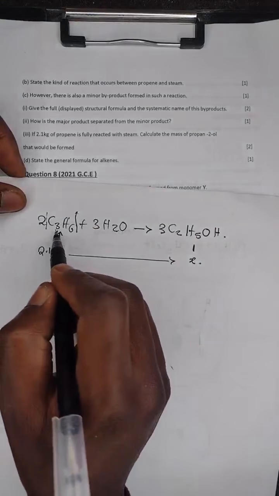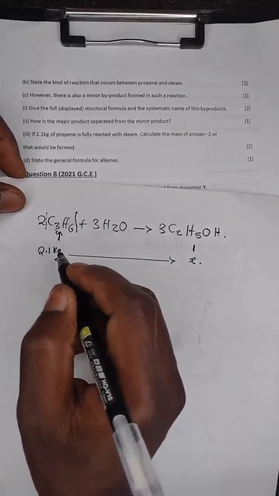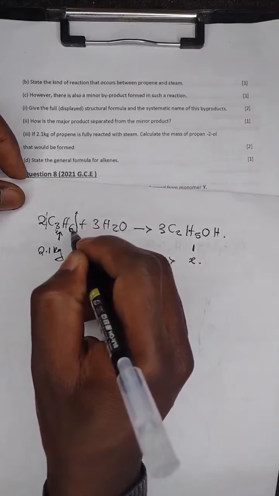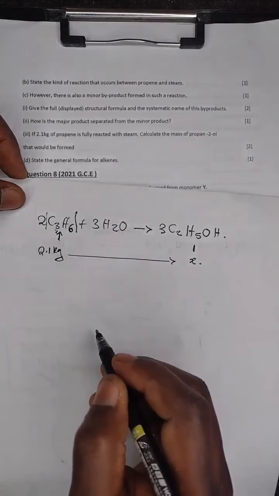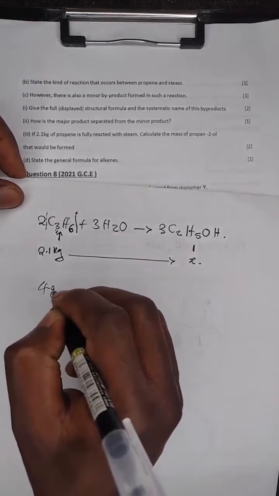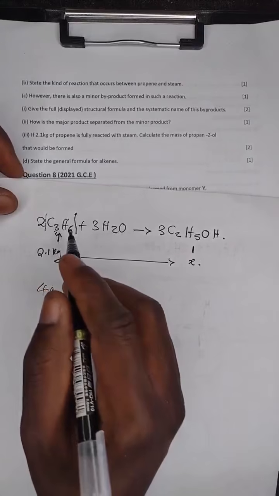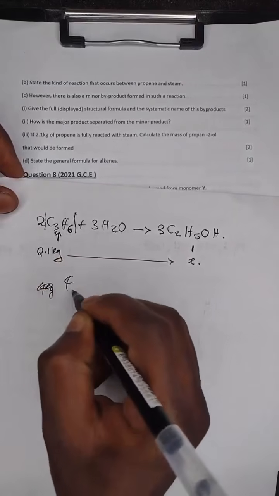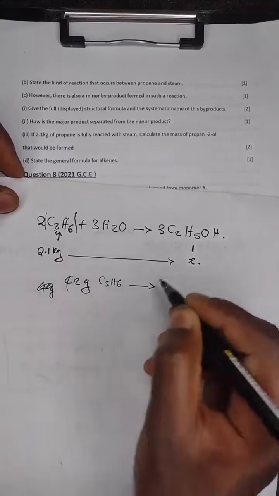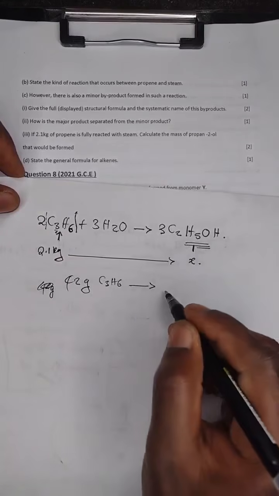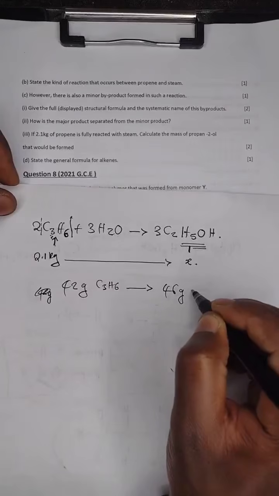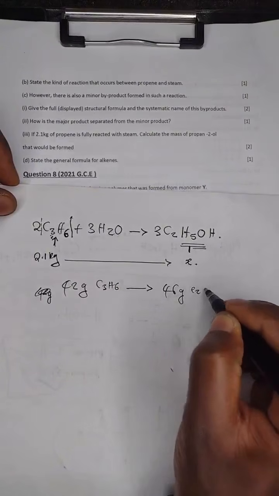Carbon is 12, times 3, there are 3 of them, to give you 36. Then 36 plus 6 to give us 42. So 42 grams. So you find the molar mass and you treat it as a mass. So 42 grams of propene produces, what is the molar mass of the alcohol? The molar mass of the alcohol is 60 of propan-2-ol.